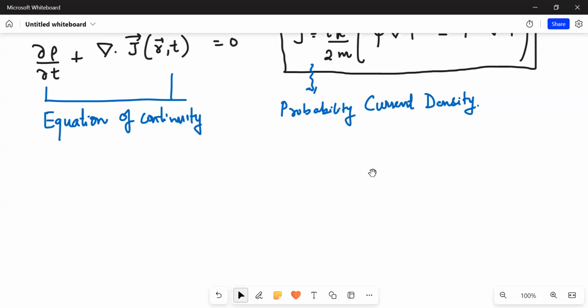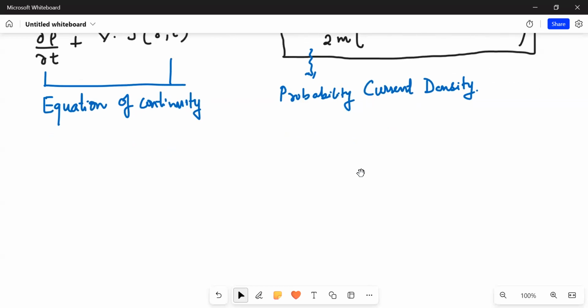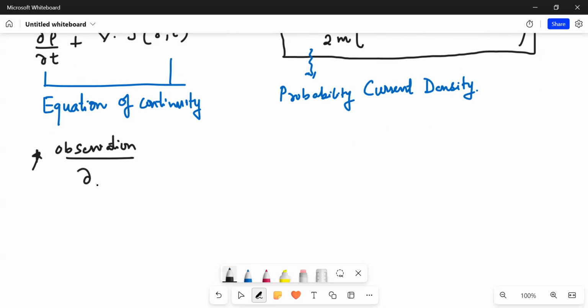One more thing that you can think of, just an observation I'm giving you. If you take the derivative of this rho over, let's say, the entire volume tau, what is it going to be?